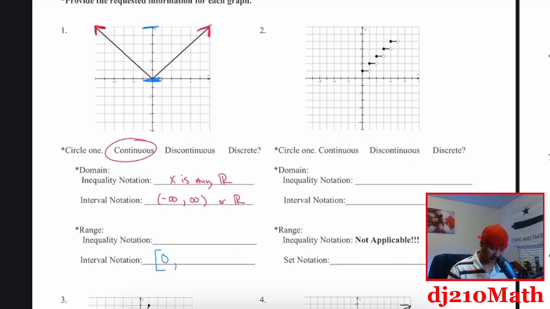And then the largest is positive infinity. Okay, for the inequality, it's always the variable. So y, because it's the range that we're talking about, and we're comparing it to 0. So if the interval is greater than 0, right? All the numbers that are greater than 0, including 0. So y is going to be greater than or equal to 0.